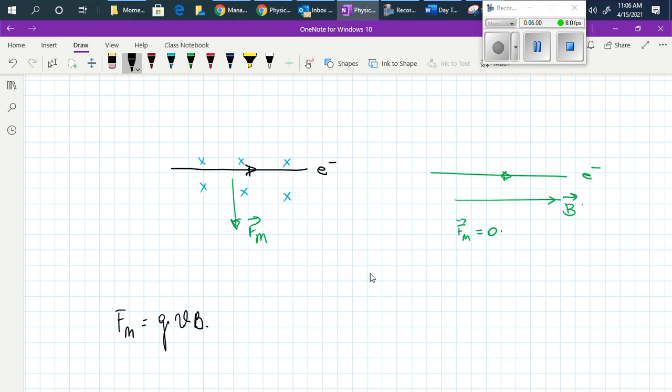You will not see any case in which those quantities, B, V, and F_M, are not mutually perpendicular to each other. So they will always be perpendicular to each other. And this is why in your formula sheet you have something like perpendicular or sine theta, something like that.